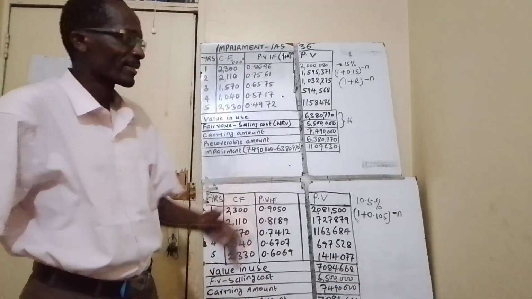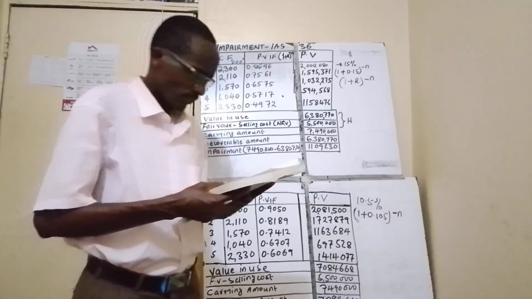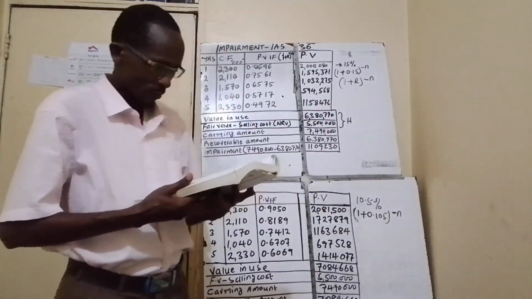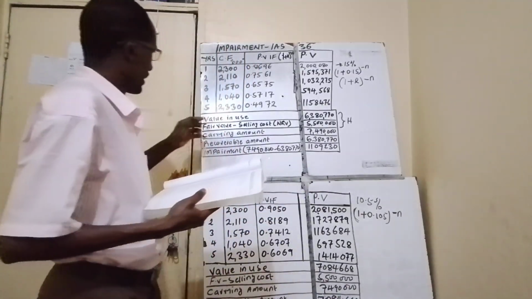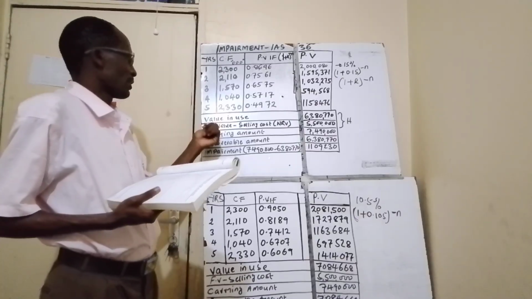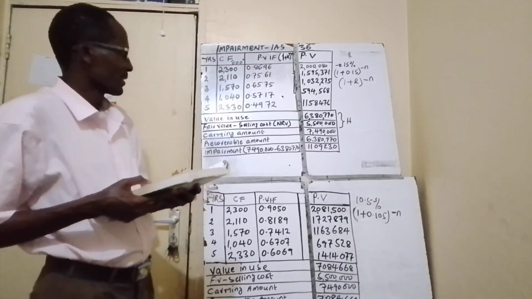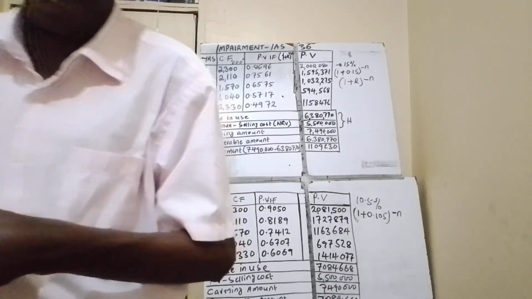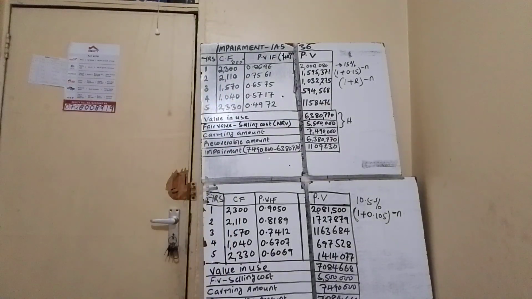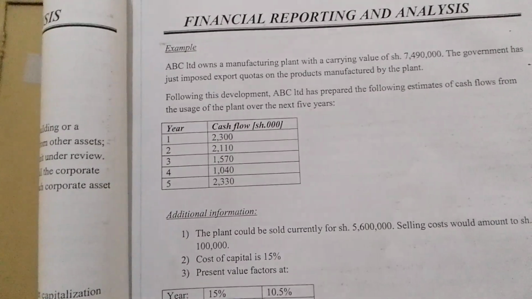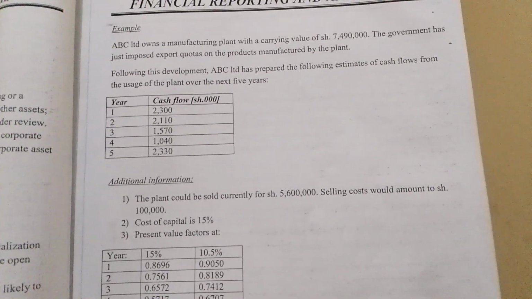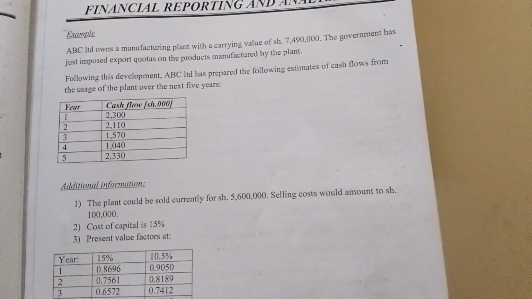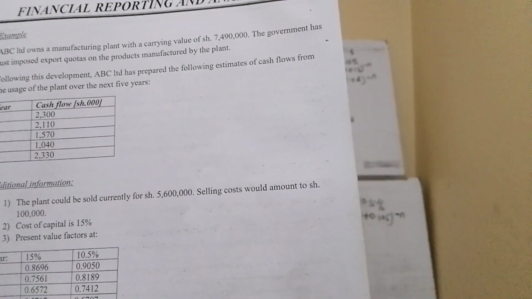So what is our net realizable value? Now you have said this is how you get the net realizable value: fair value minus selling cost. If you look at additional information number one, you are told that the plant could be sold currently for shillings 5.6 million.